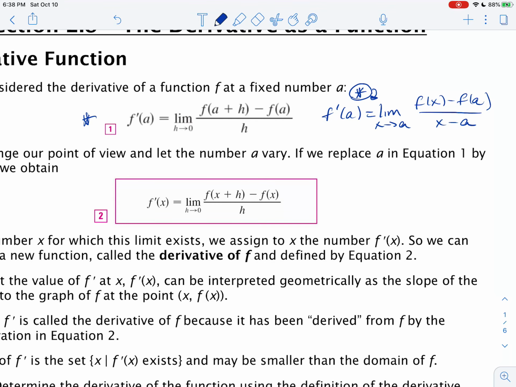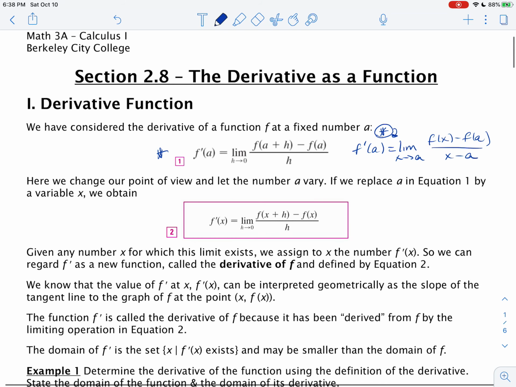However, if you do want to consider the derivative as a function, we will take this definition, definition 1, and instead of using a specific value of a, we will take a variable a, where we will allow a to vary, and we'll just replace it with variable x. And so it becomes a function, the limit of the slopes of the secant lines connecting 2 points on a graph.